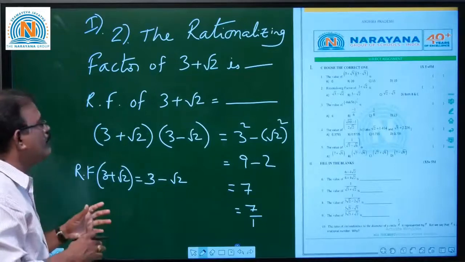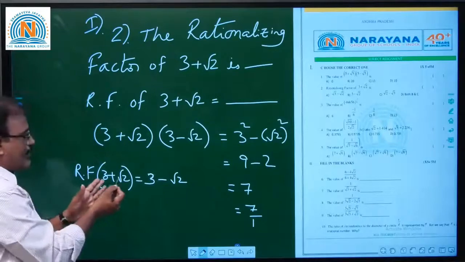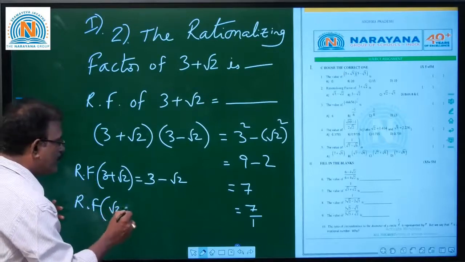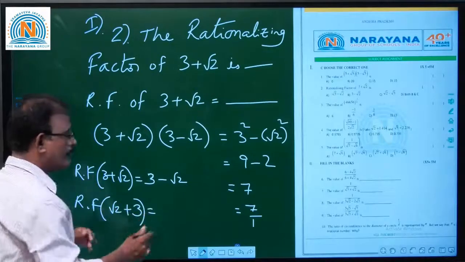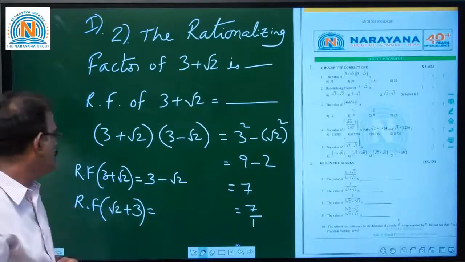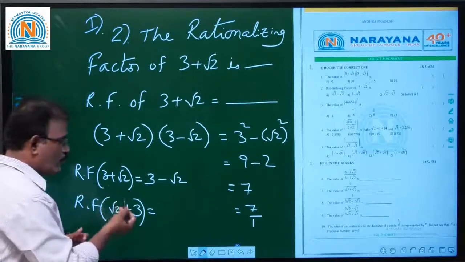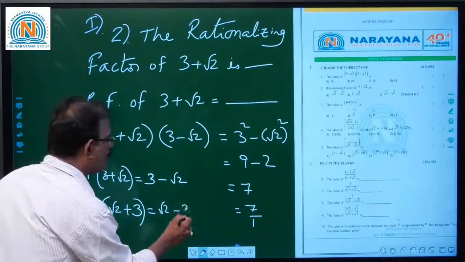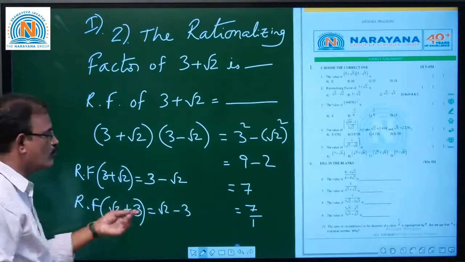Again, we need to verify: instead of 3 plus root 2, why can't we ask root 2 plus 3? This is like the commutative property under addition, so 3 plus root 2 and root 2 plus 3 are both the same. In this case, it is like root 2 minus 3.